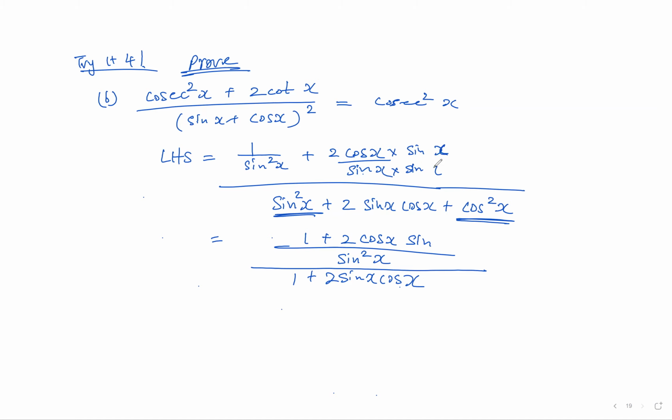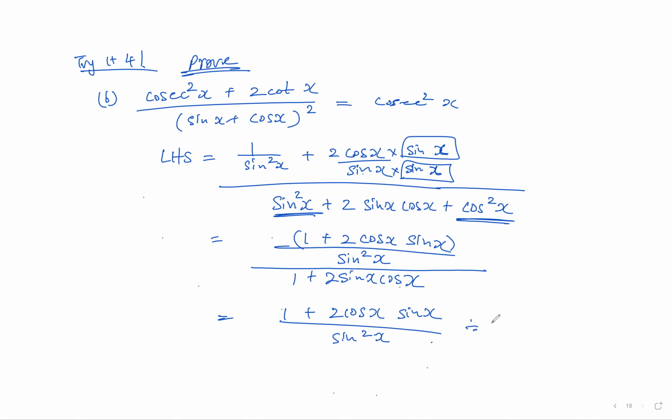Because sine x times sine x is sine squared x. So this is something that you need to times. Actually this step is a bit redundant, but let me just work it out.